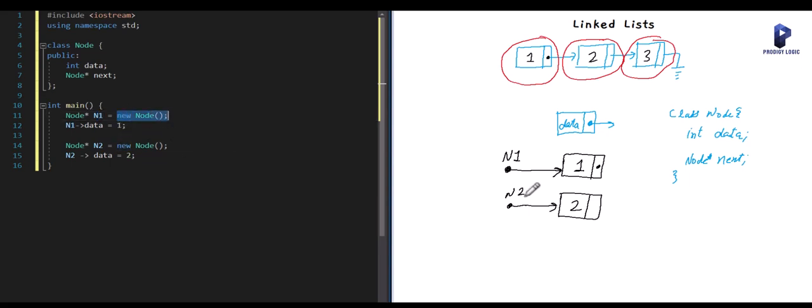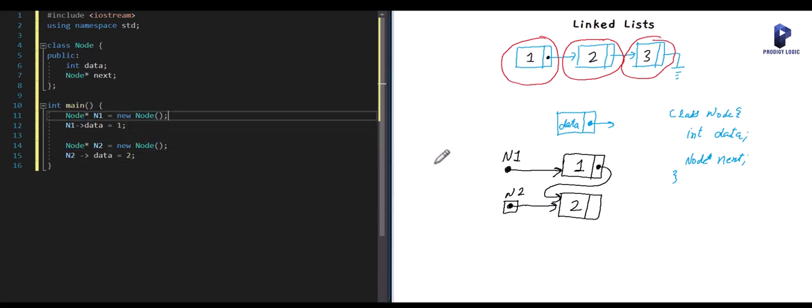The same way n2 would contain the address of the second node. So what we want to do is copy the contents of n2 from here to here so that they both are pointing to the second node here. That way we'll have n1 with data 1 in it, and its next will be pointing to the second node, and so on. So now let's make that connection in programming.